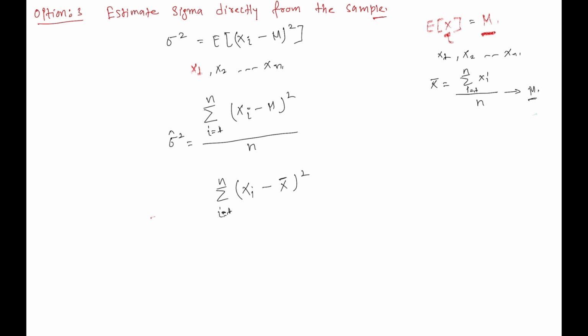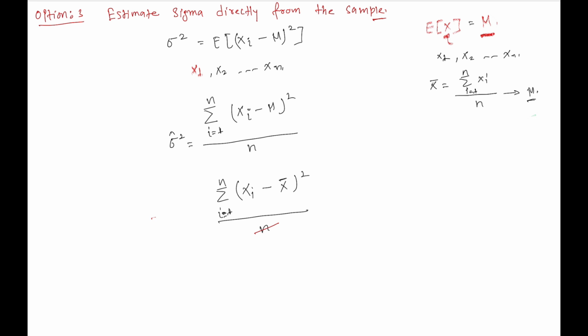Now one point to note: if we are trying to estimate the variance from the sample, then the scaling factor that we use is not n but n minus 1.